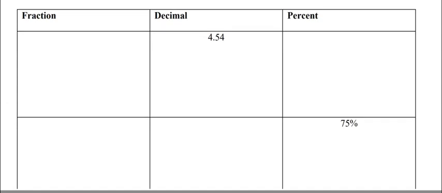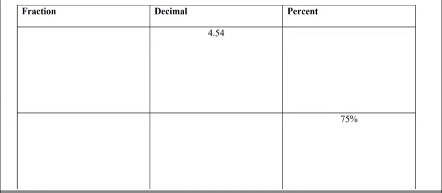And I'm going a bit faster now, but it's because all of these are the same, and you should be able to quickly go back and forth, back and forth, back and forth. 4.54 is going to be 4 and 54 out of 100. And when you think about that, once you understand that place value, it just gets so fast for you to go from decimal to fraction, fraction to decimal. I mean, it just should get a lot easier.